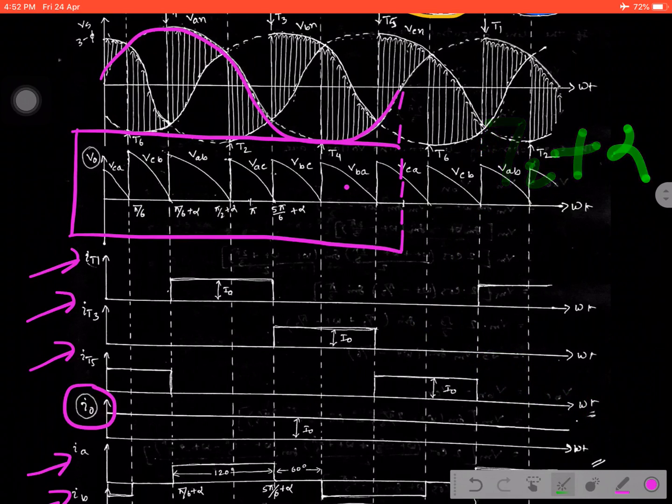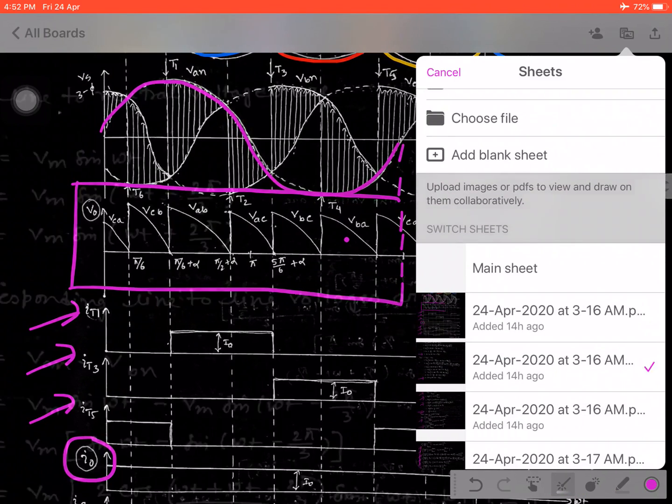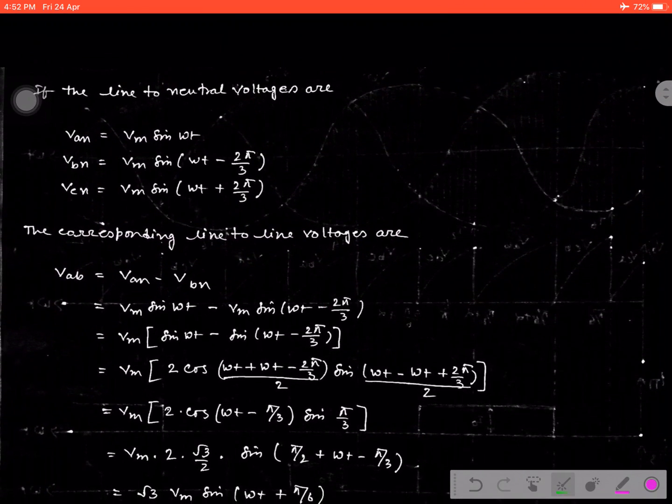That helps us in the further calculation of the average output voltage. Now the line voltage developed inside the three-phase supply, VAN, is equal to Vm sine omega t.